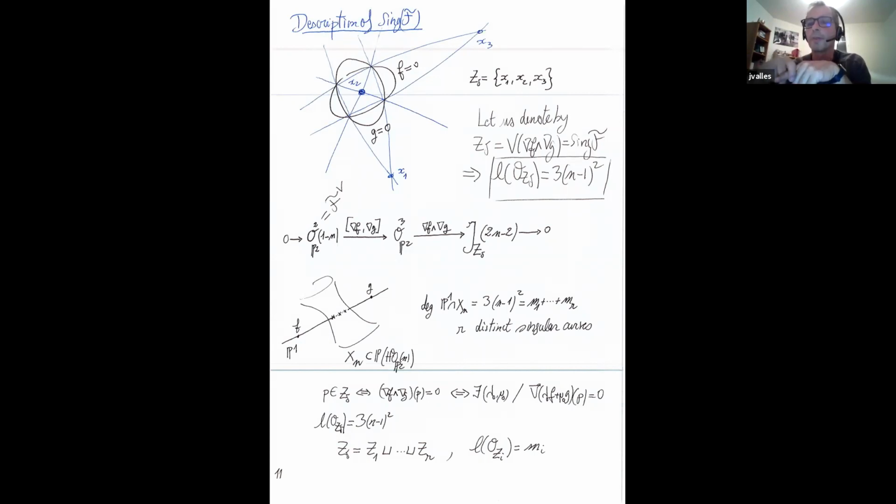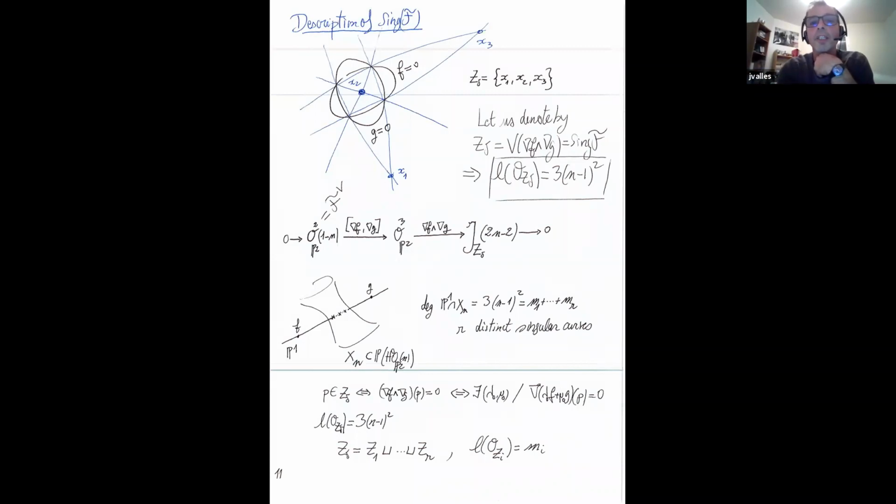All the curves of the pencil pass smoothly through the base locus. So the singular points are always outside the base locus. It is important.